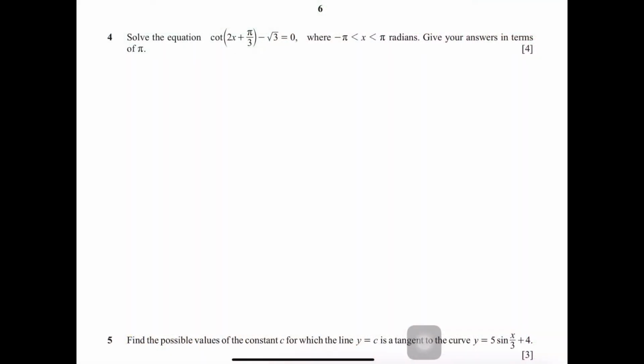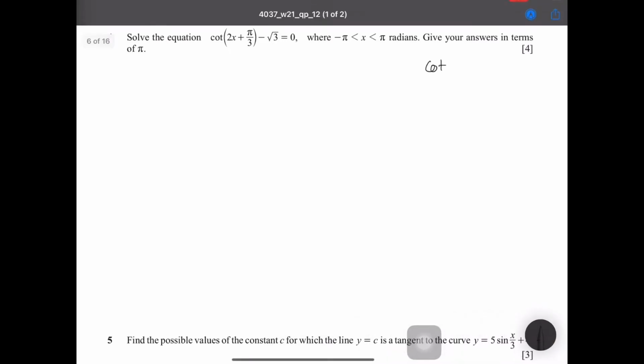I'm solving question 4. Solve the equation cot of 2x plus pi by 3 minus root 3 equals 0. So we can write here, we know that cot theta equals 1 by tan theta.